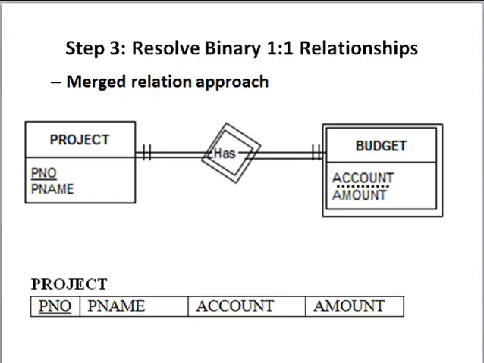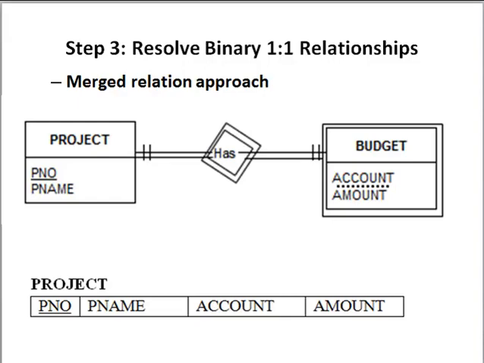In step 2, we may have created this weak entity called budget. But having recognized that there is this one-to-one relationship between project and budget, we can decide that instead of having 2 entities or relations, we can just merge all the attributes from both entities into one.